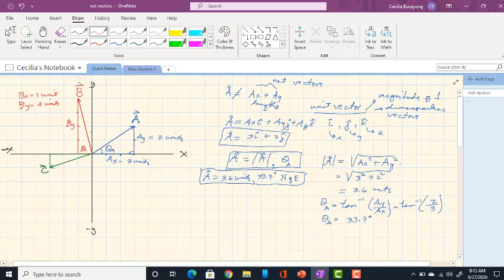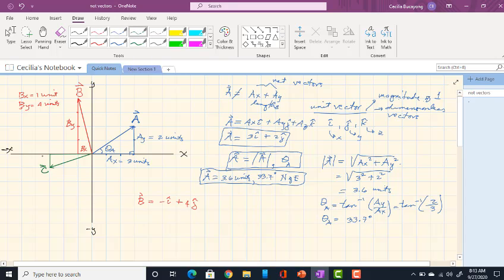But if we are to write vector B in terms of its vector components, then vector B is equal to negative i hat plus 4 j hat.